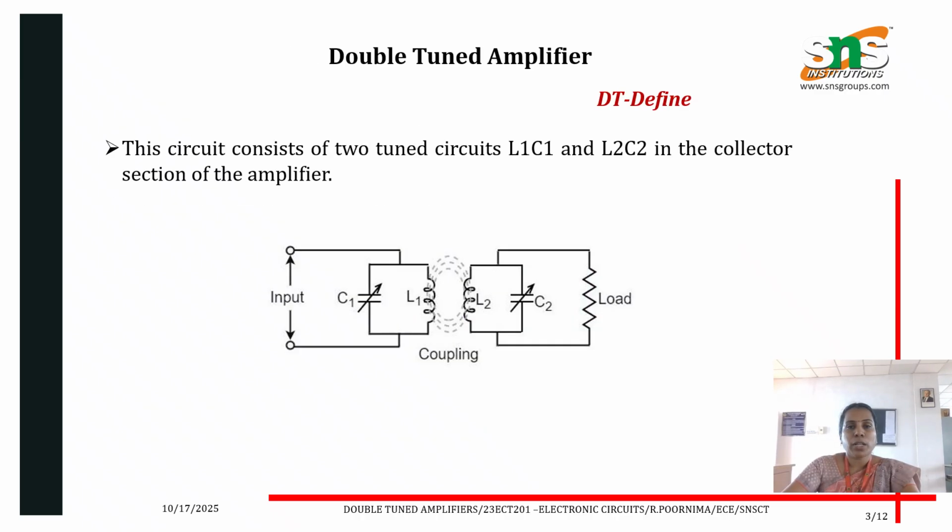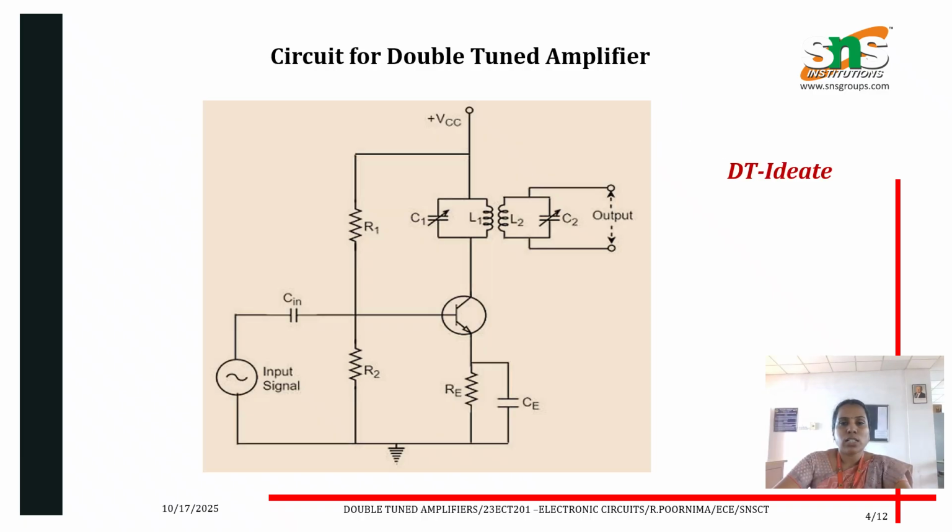So what is meant by a double tuned amplifier? Here the tuned circuit consists of two tuned circuits, L1 C1 and L2 C2. It will be connected at the collector section of the amplifier. So let's see the circuit diagram for double tuned amplifiers.